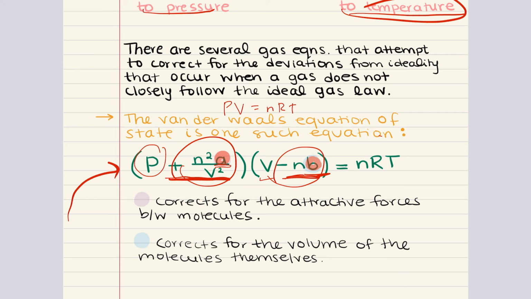All right, now to summarize, an ideal gas is a gas that obeys the ideal gas law. Whenever a gas does not obey the ideal gas law, we say that it deviates from ideal behavior. All real gases deviate from ideal behavior, but those deviations are especially significant under conditions of low temperature and high pressure.